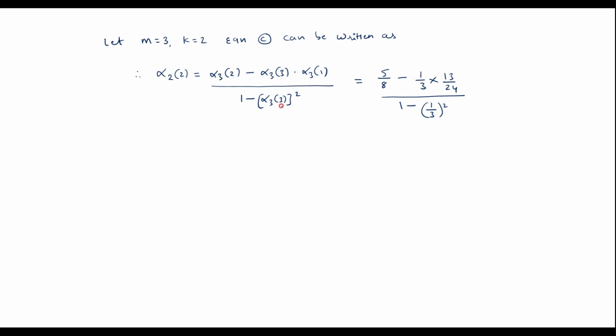So here this alpha 3 of 3 square can sometimes also be represented like this, which is the same. One should remember this. So simplifying this, I can write alpha 2 of 2 is equal to 4 by 9 divided by 8 by 9, which is equal to 0.5. So therefore alpha 2 of 2 is equal to 0.5, which is nothing but 1 by 2.